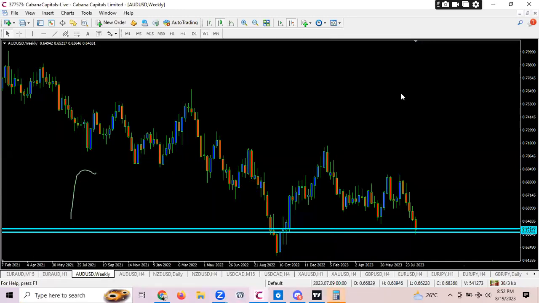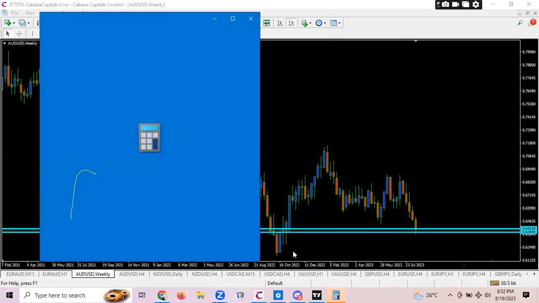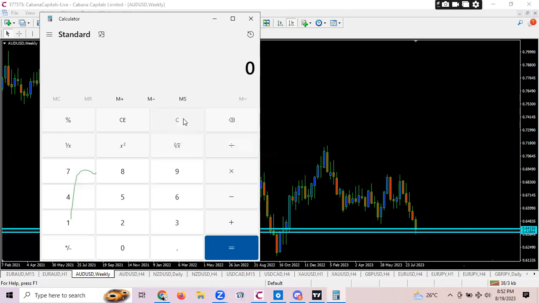I think this is the first time I'm teaching pivot point, so pay attention. So I'm adding up the high-low close of this candle, 0.6521 plus 0.6364 plus 0.6403, divide.